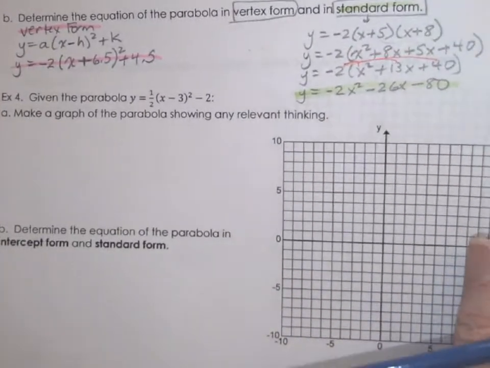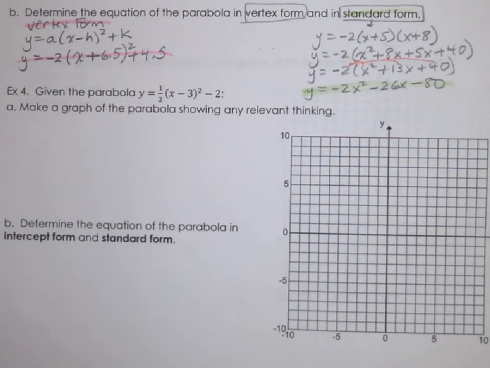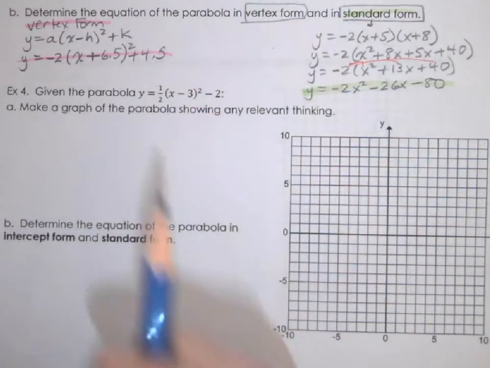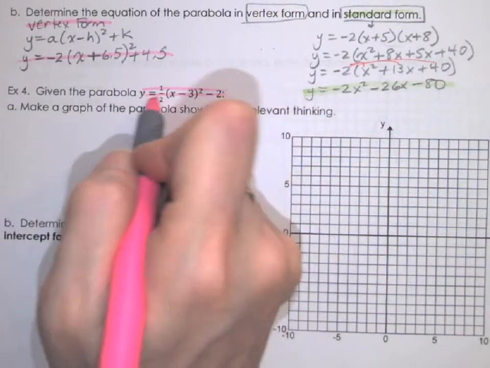Our fourth example, given the parabola y equals a half (x minus 3) squared minus 2, make a graph of the parabola showing any relevant thinking. So you would want to realize that this is given to us in vertex form.